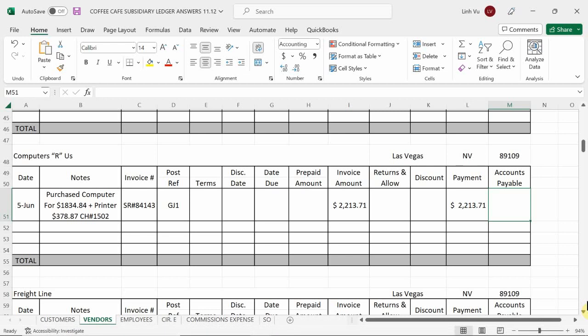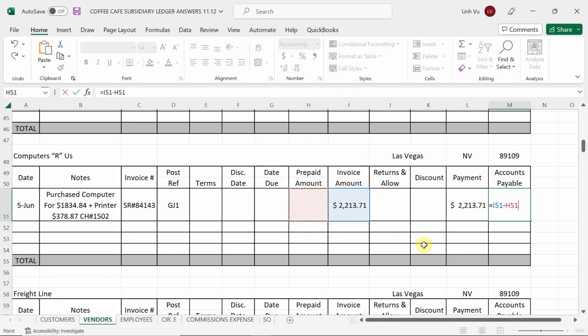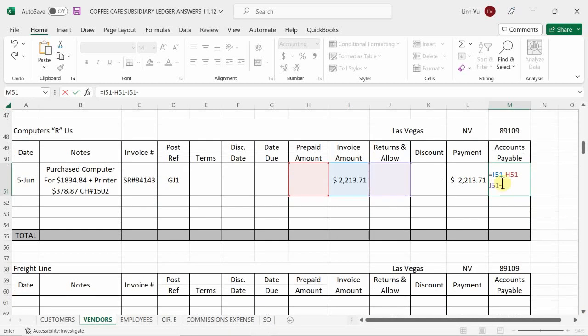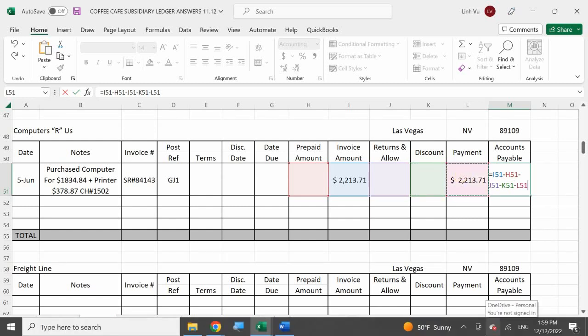To determine how much you owe this vendor, it's going to be whatever the invoice amount was, right? A prepaid amount will decrease it, so you're going to subtract prepaid. You're going to subtract any returns and allowances. You're going to subtract any discounts. And you're going to subtract any payments.